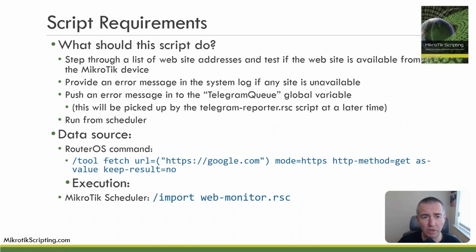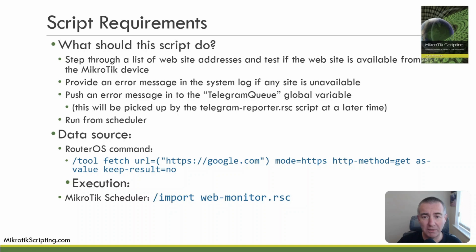So this particular script, what have we got to do? We're going to build a small list of website addresses, and we're going to check to see that each of those websites is available. This could be useful if you've got some particular websites that you always need to be available for your users, and you just want to test them periodically to see if they are up and available.